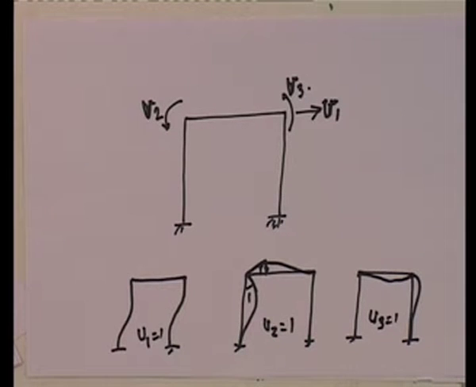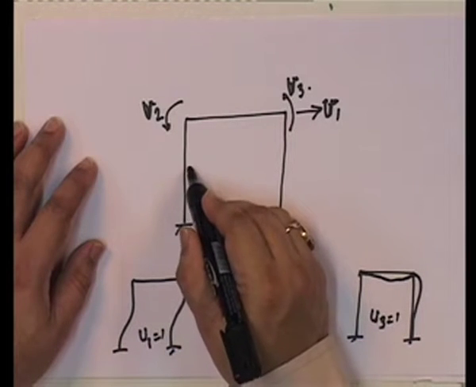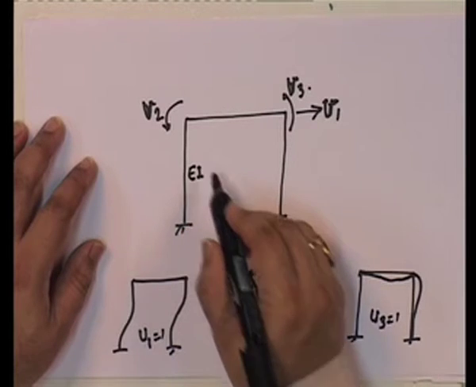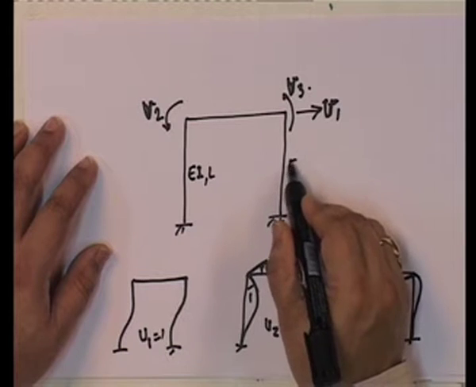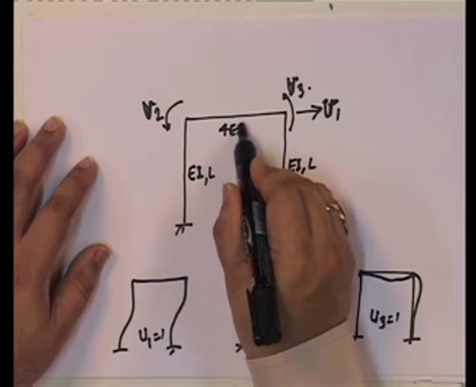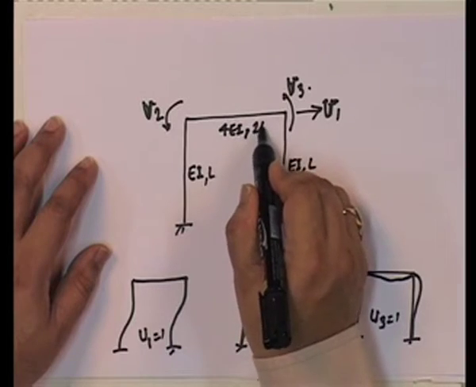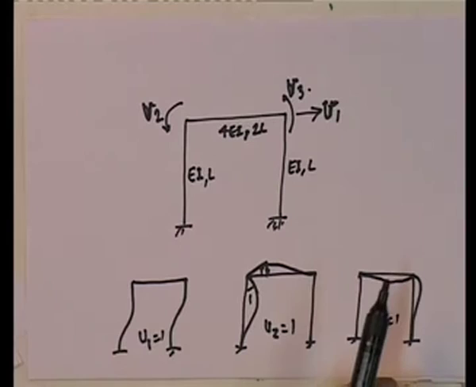Therefore, if I were to look at the structure stiffness matrix, I know each one. Let me just define some numbers. Call this EIL, this is also EIL, and I will call this 4 EI and 2 L. That means the length is 2 L and the flexural rigidity is 4 EI.